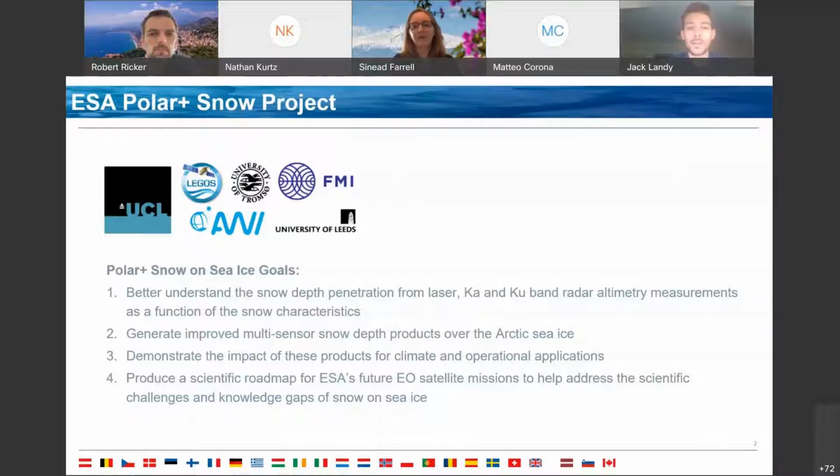And hopefully then with these improved products and better constraints on uncertainties to demonstrate the impacts they have for climate and operational applications in the Arctic. And then finally, to produce a scientific roadmap for ESA's future Earth observation satellite missions, including CRISTAL, to help address knowledge gaps of snow on Arctic sea ice.